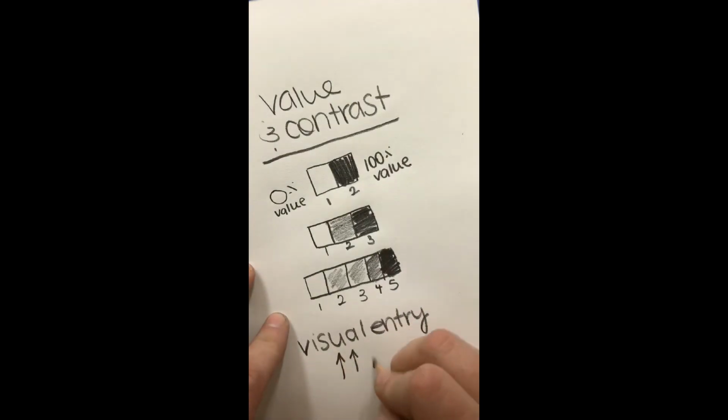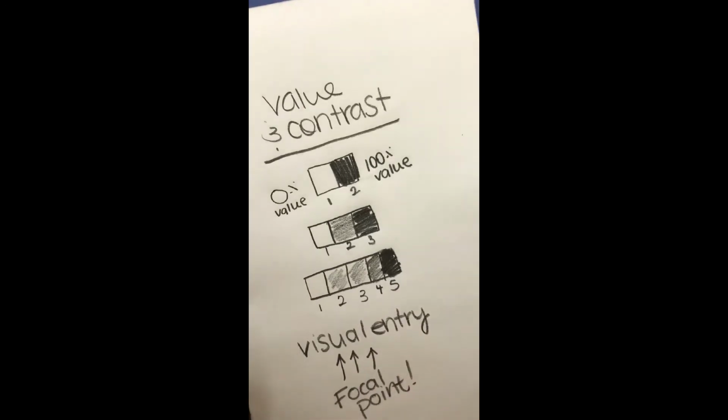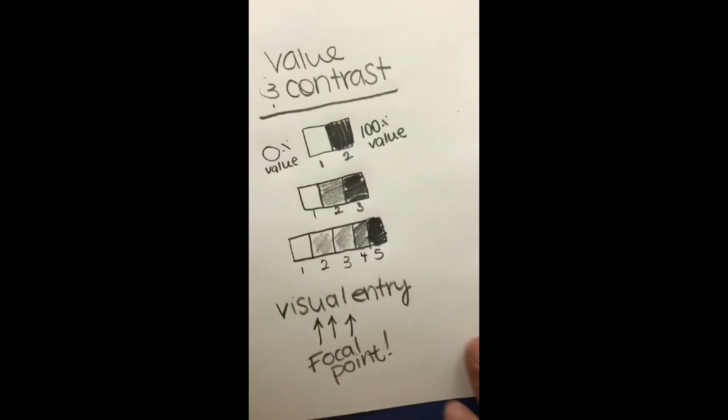This is our focal point. That's important, right? That's important because we want to know where to look at the art. What is the most important part? It also can create a sense of movement around the drawing or the painting, and we want to create that.